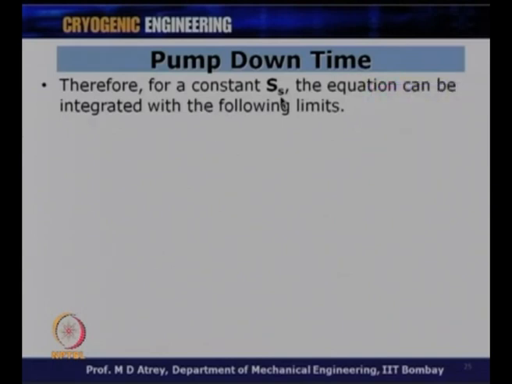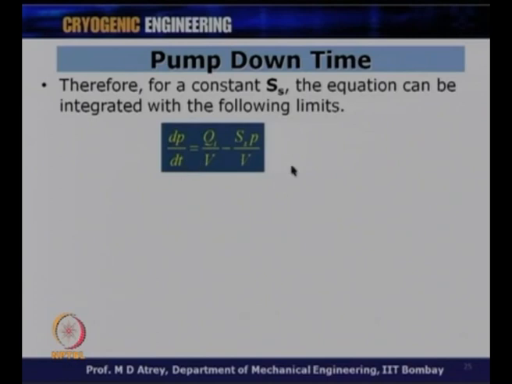Therefore, for a constant Ss, the equation can be integrated with the following limits. Going to the earlier expression, I assume Ss to be constant, and this is my expression. If I want to find the time dependence of pressure, the only parameter depending on time will now be Qi. At t is equal to 0, p is equal to p1, to begin with, and at t is equal to Tp, p is equal to p2.